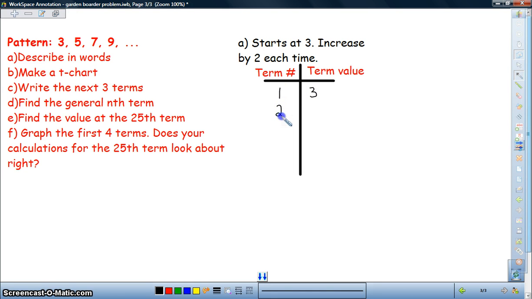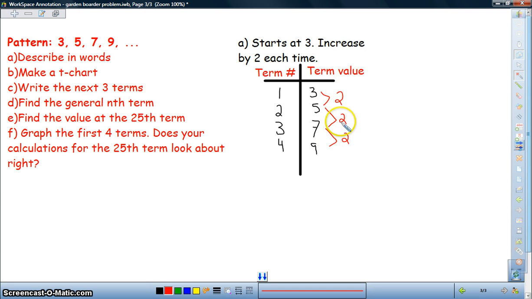The second term increases by 2. The third, again, increases by 2. Fourth is 9. So we can show that increase by 2, or sometimes called the difference value, because the difference between 5 and 3 is 2. 2 and 2.